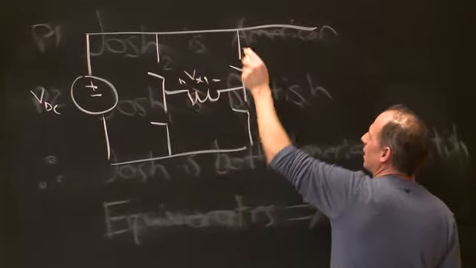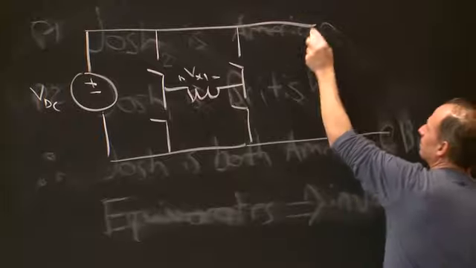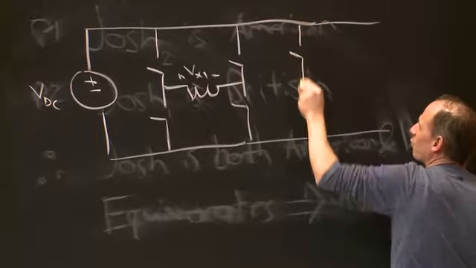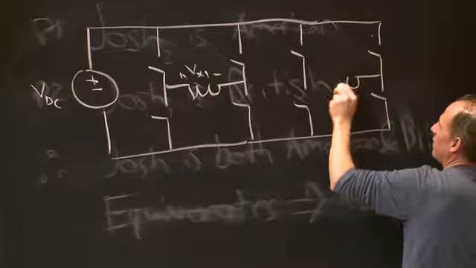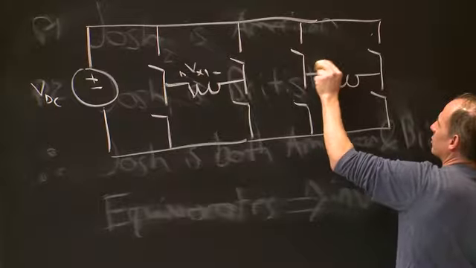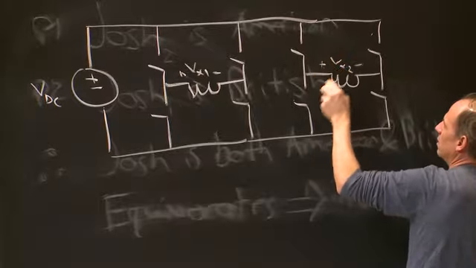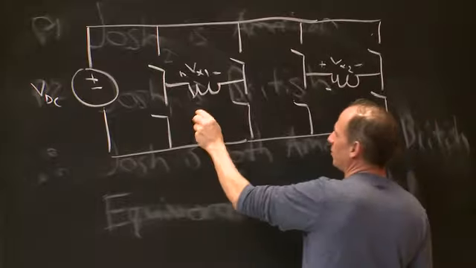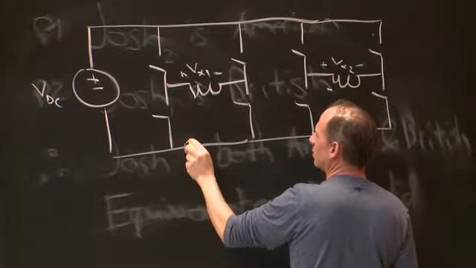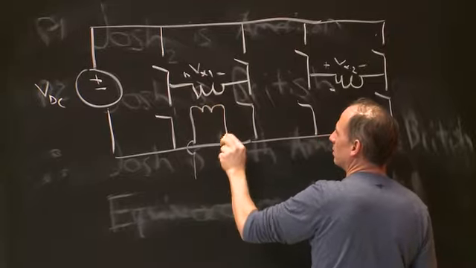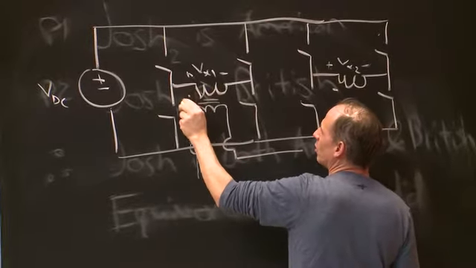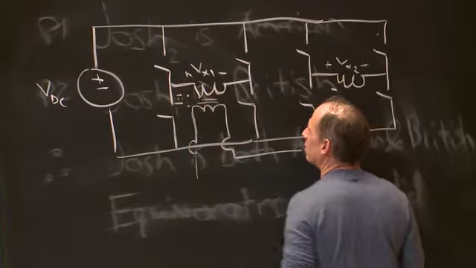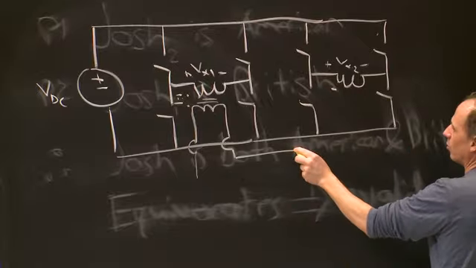Now let me build a second inverter, four switches, and I'm going to give it an output that's Vx2. And what I'll do is transform or couple these two outputs like this. Let me just imagine this is a 1-to-1 transformer, and here's another 1-to-1 transformer.